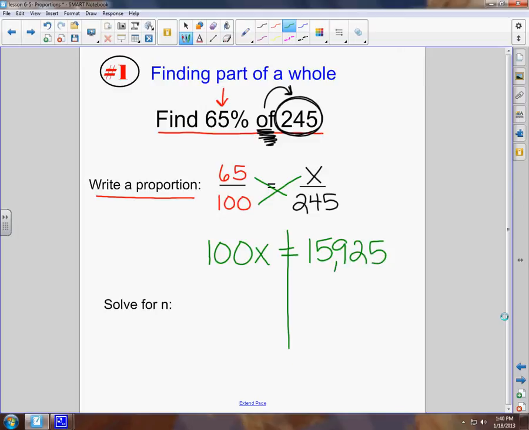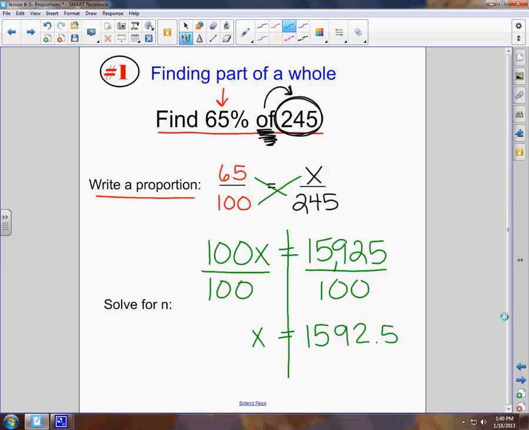And then I draw a line and I divide both sides by 100. Divide by 100, and x equals 1592.5. Oh no, I only divided by 10, sorry. 159.25. So that is my answer.